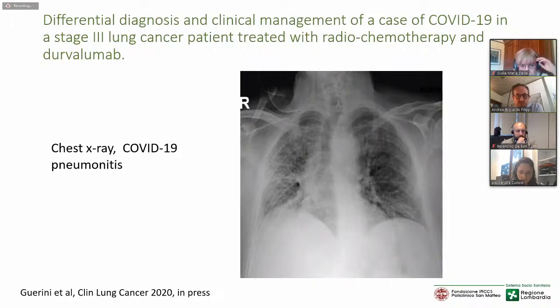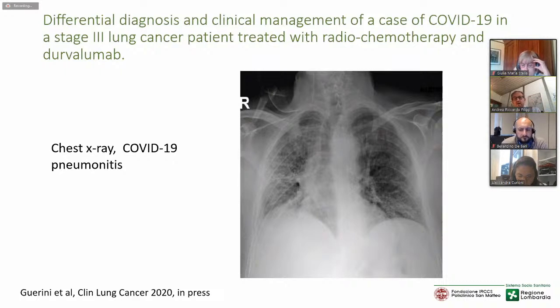He had a positive swab because at that time, obviously, COVID-19 was one of the diagnoses that our colleagues took into consideration. It was positive. In the chest X-ray, as you can see here, the radiological pattern is slightly different from the one he had 1 month before, because we now see a bilateral interstitial typical COVID-19 pattern.